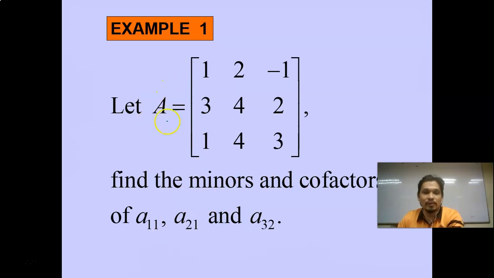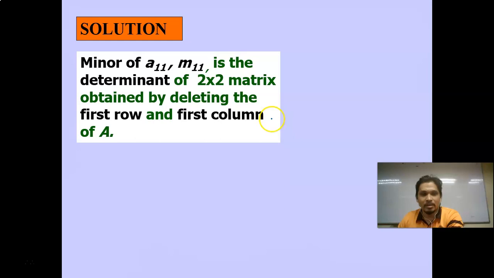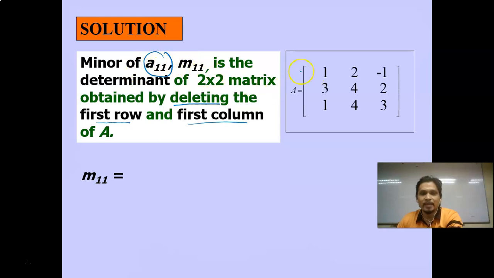So this is the matrix A given here. The minor is the determinant of the 2 times 2 matrix obtained by deleting the first row and the first column of A, for minor M11. So we delete the first row and first column.